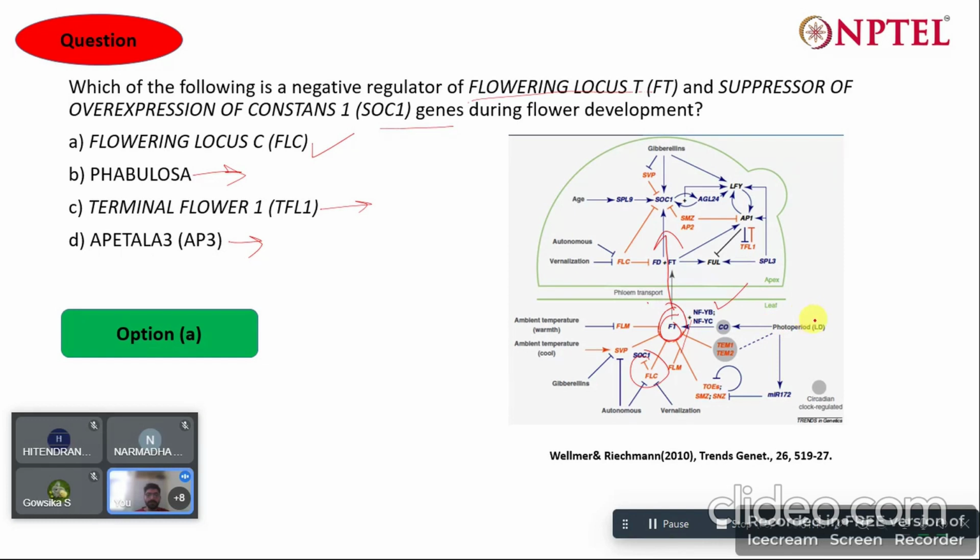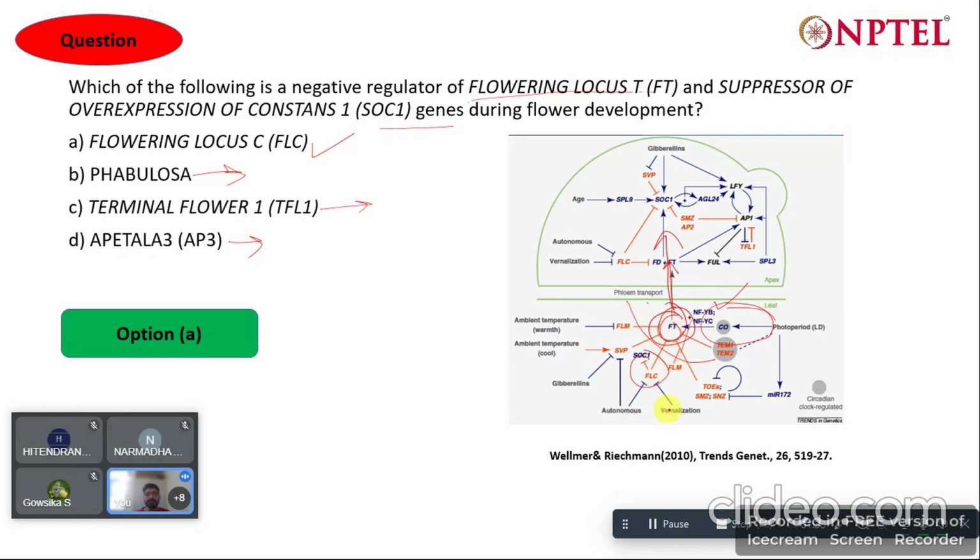At that time, this pathway gets activated, and during this pathway all the other pathways are stopped. So in that case only this pathway is activated, and it activates the production of FT and its transport.